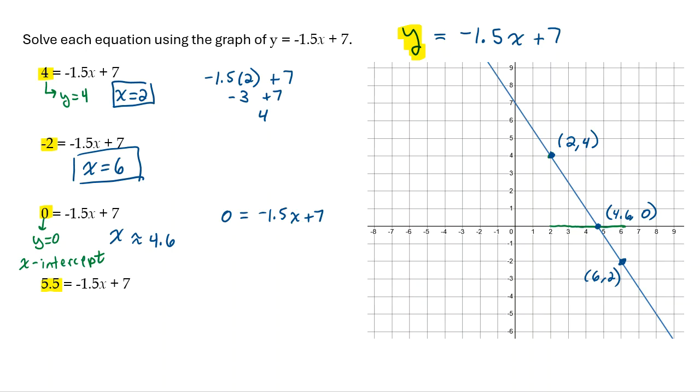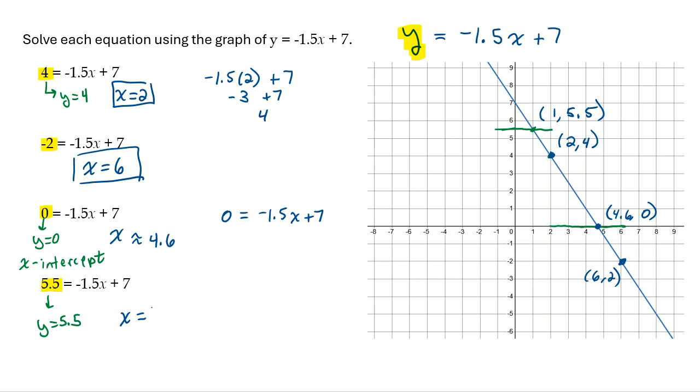All right, how about the next one? 5.5. Let's see, y is 5.5, and we want to find the x value that will give us that. Looks like right here we have a point on the line that is up 5.5 units when x is 1.